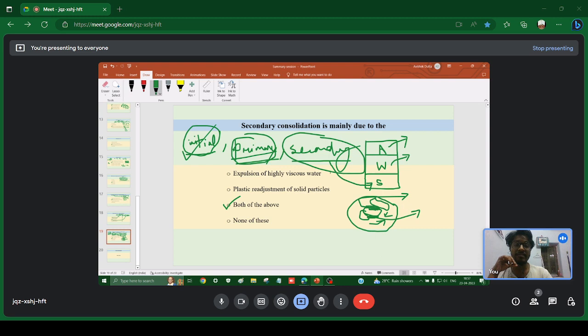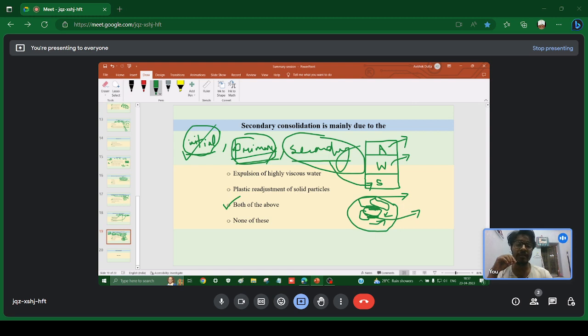Hence, we can see in this three-phase system, which is what is available naturally in soils that are partially saturated, they have air, water, and solid soil particles, all three.